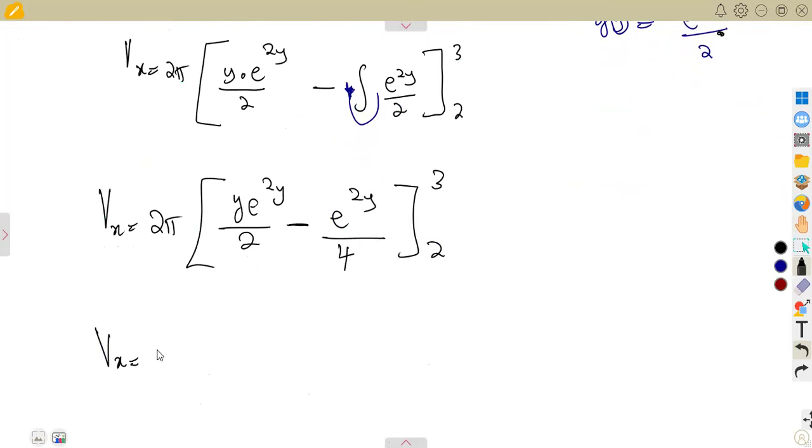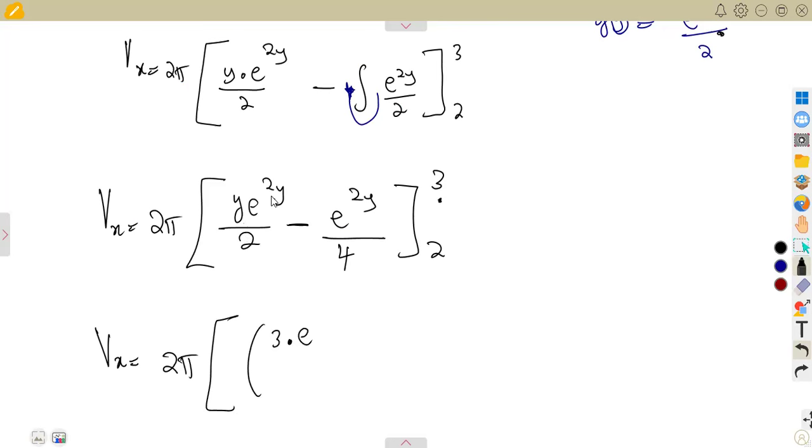So that's Vx. As you can see, we were calculating Vx from the limits of y. So that's the shell method that we are using, something that is not common to us. The upper limit being 3, so this is 3 in place of y.